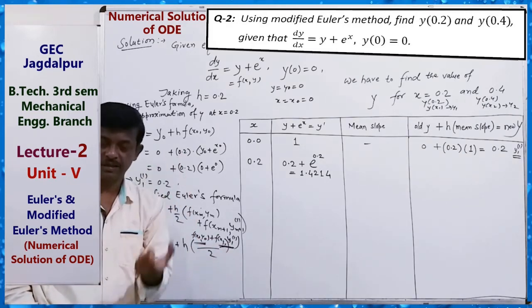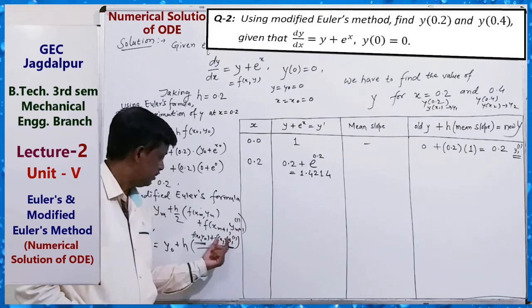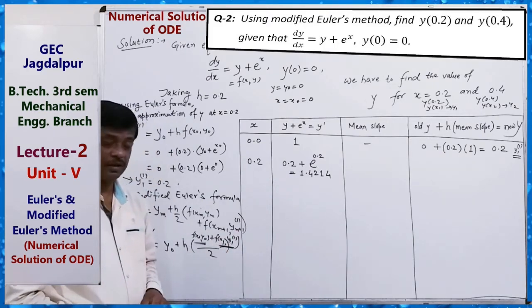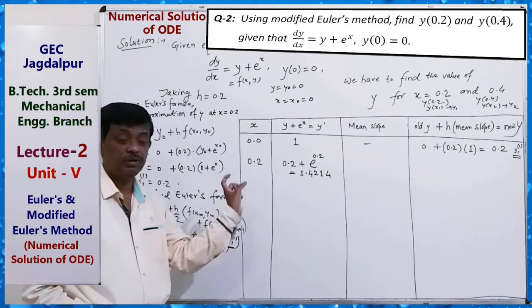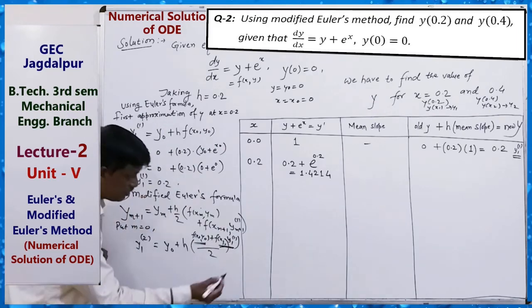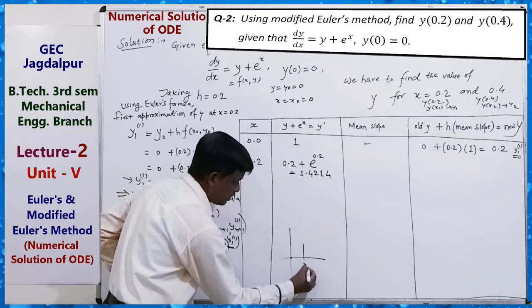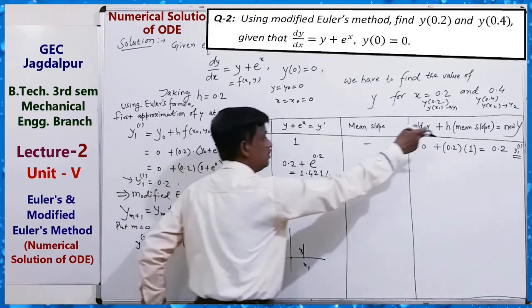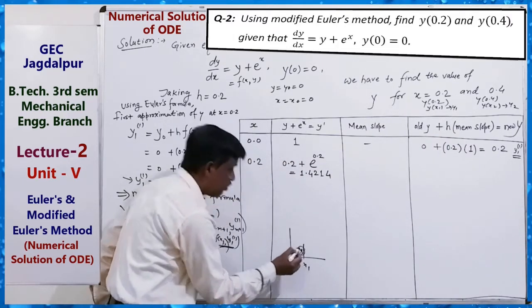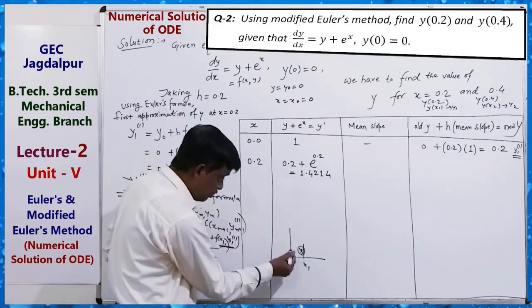First time we are taking the slope at the point x1, y1, getting the value y1 for the first time. Just like in the diagram: this is 0, this is x1, y1, the first value. Here the slope is this, and the previous slope is this.